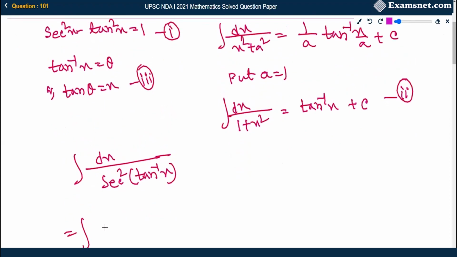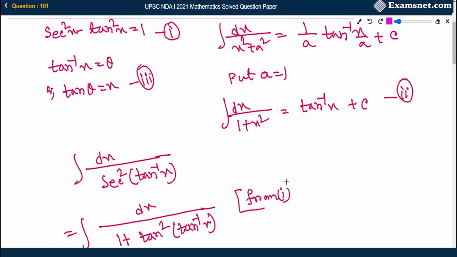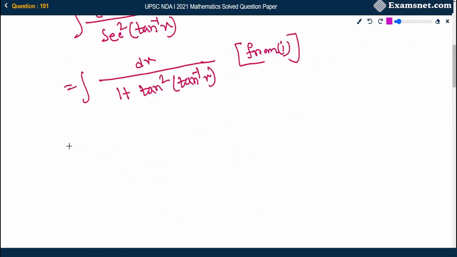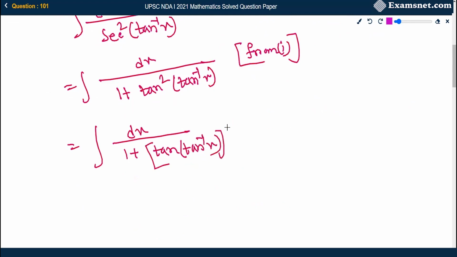So from 1, I'm writing dx by 1 plus tan square. Here in the place of theta, it's given tan inverse x, from the first rule. Next, dx by 1 plus, I can take the square as the whole square, tan of tan inverse x whole square.